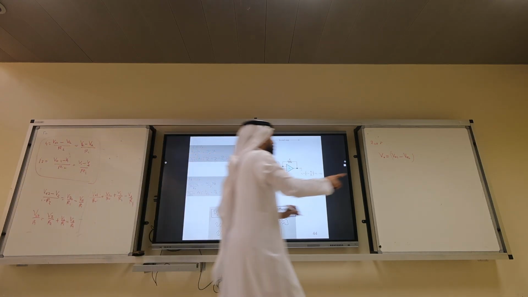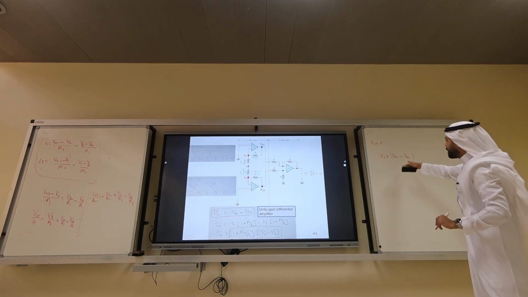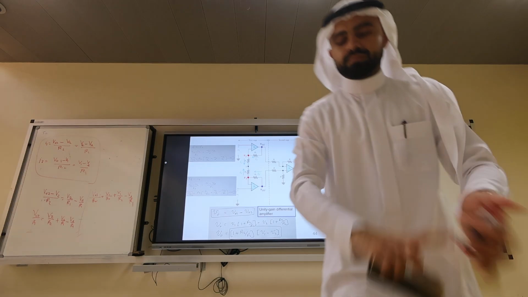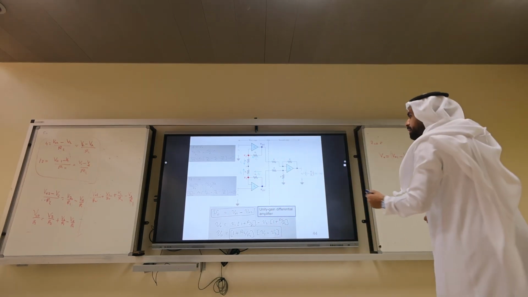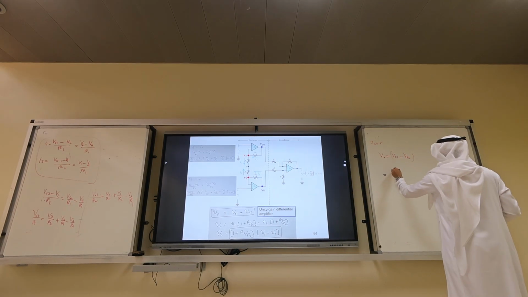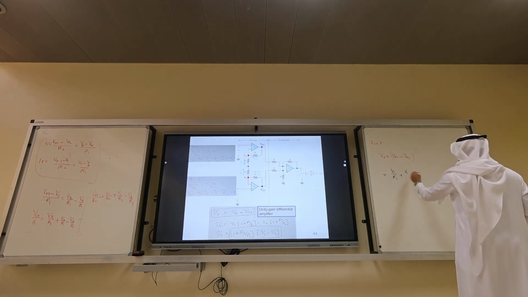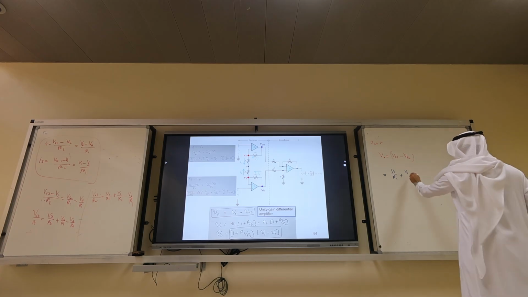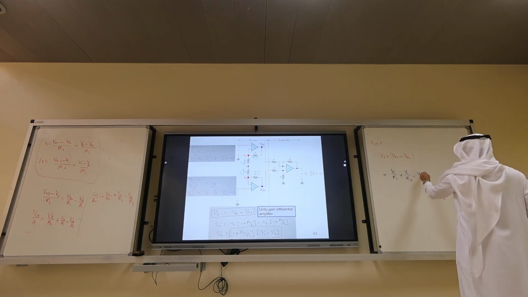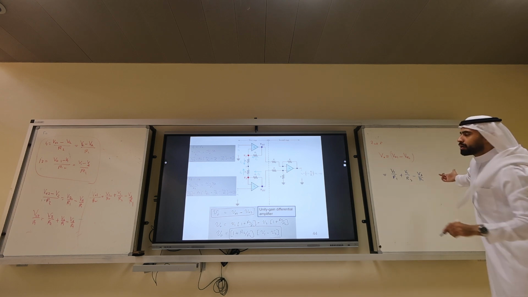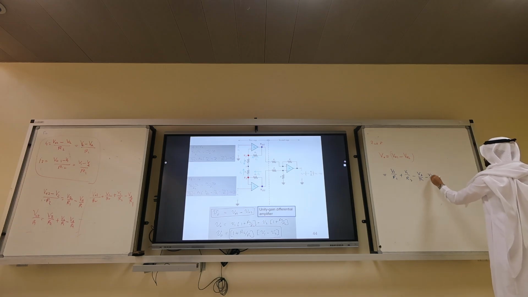Okay? When you plug VO1 here minus VO2 here, what do we have? Again, it's V1 over R2 plus V1 over R1 minus VA over R1, minus VO2, which is minus V2 over R2 minus V2 over R1 plus VA over R1.